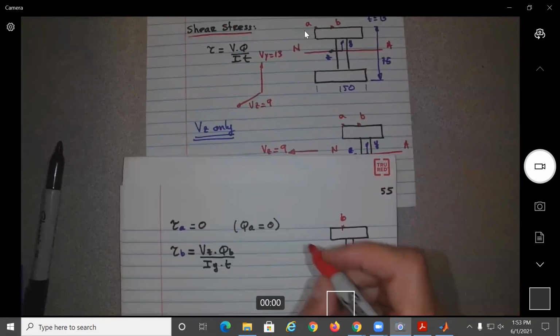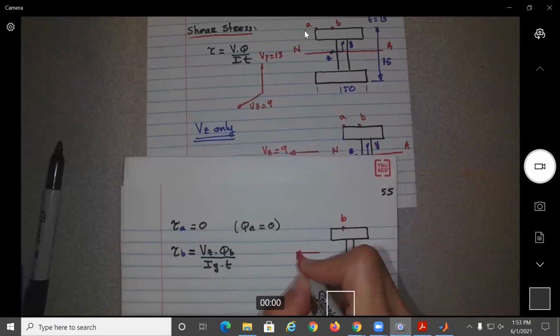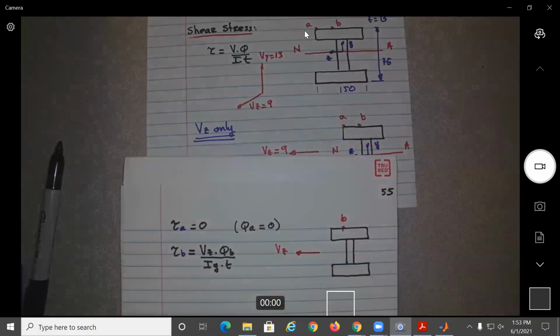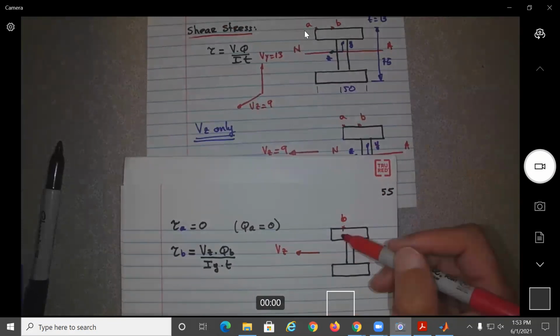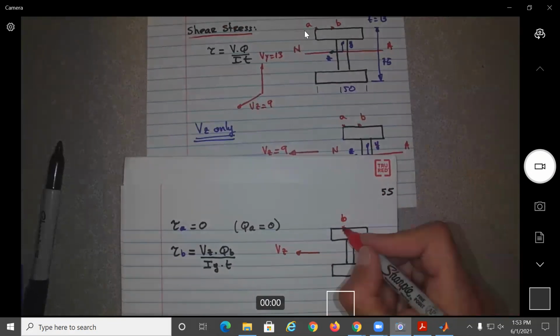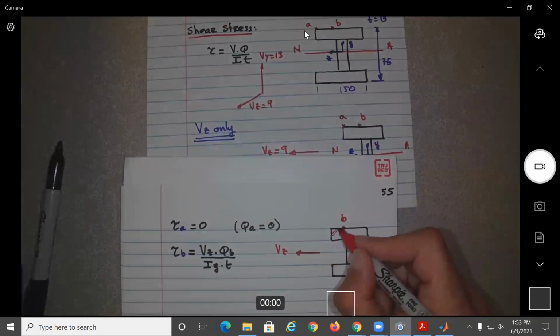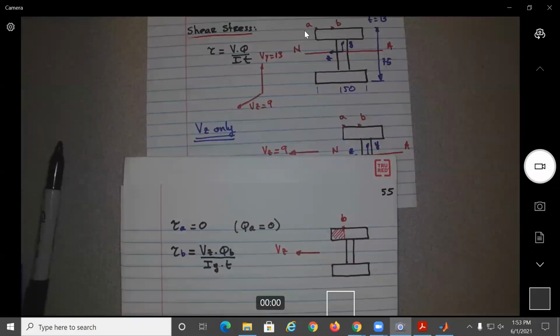If you have the force applied in that direction, what would be the areas resisting this force? If here was 0, we'll have this area, no? Yeah, but because there's a flange on top and the bottom, you could also assume that since the force is applied in the middle, this will also resist the shear.